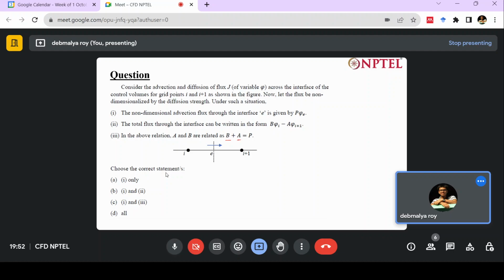Here, the flux going from the I to the I plus one cell, the coefficient that is multiplied to get the amount of flux is B.